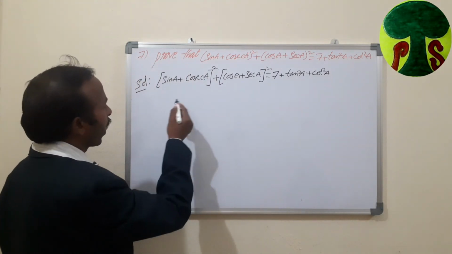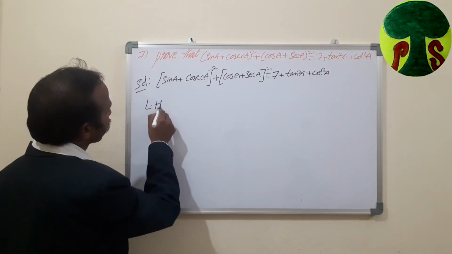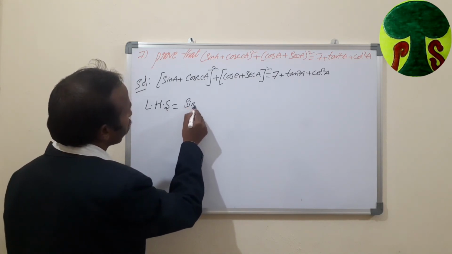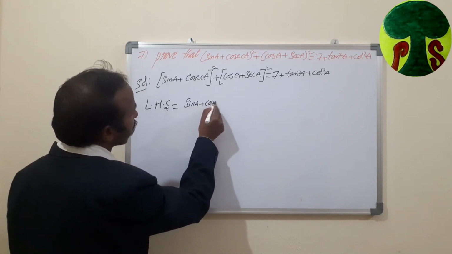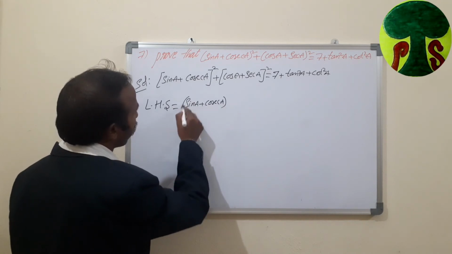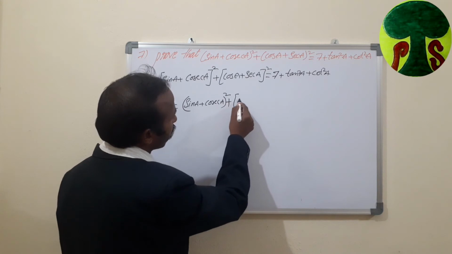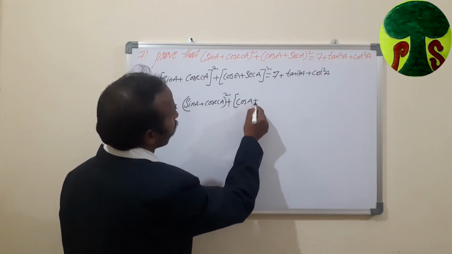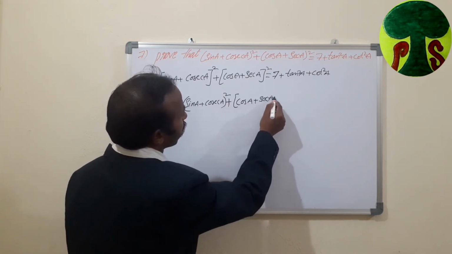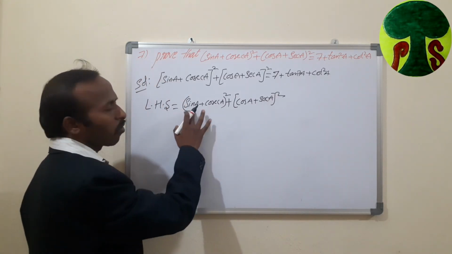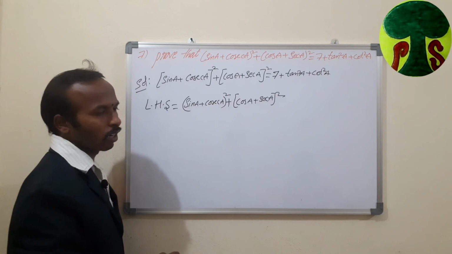Now consider the LHS equal to (sin A plus cosecant A) whole square plus (cos A plus secant A) all square. It is in the form of (A plus B) all square.